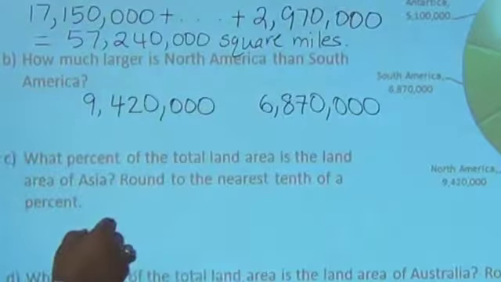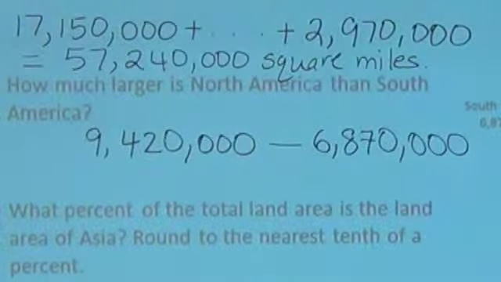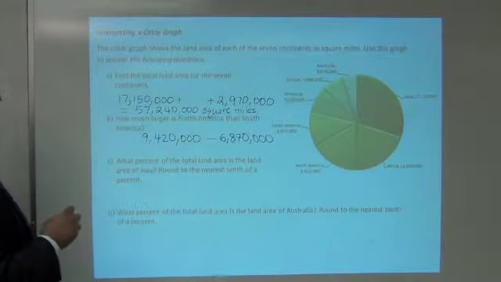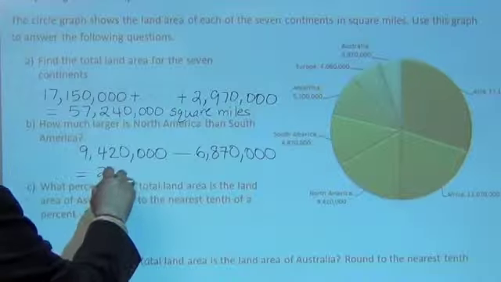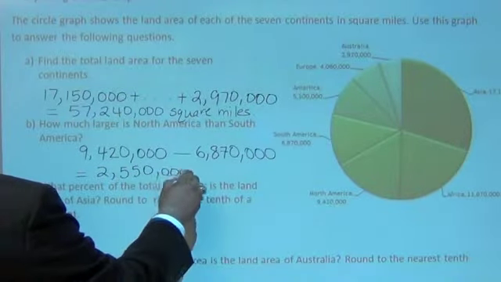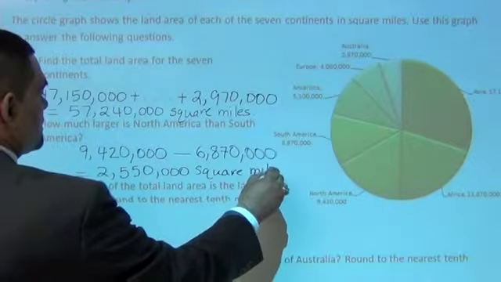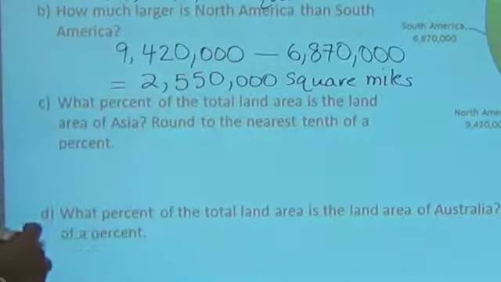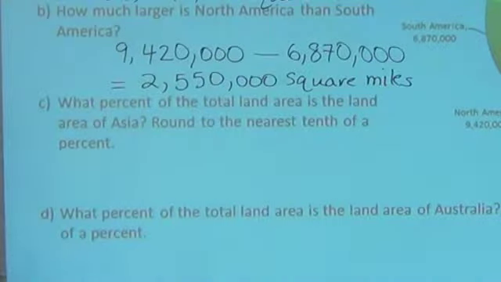And we want to see how much larger North America is, so we're going to take away or find the difference. Now, after finding the difference of these two numbers, we should have 2,550,000 square miles. So that tells me that North America is larger than South America by 2,550,000 square miles.